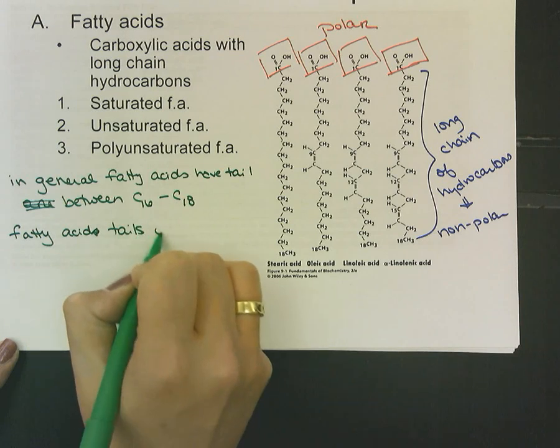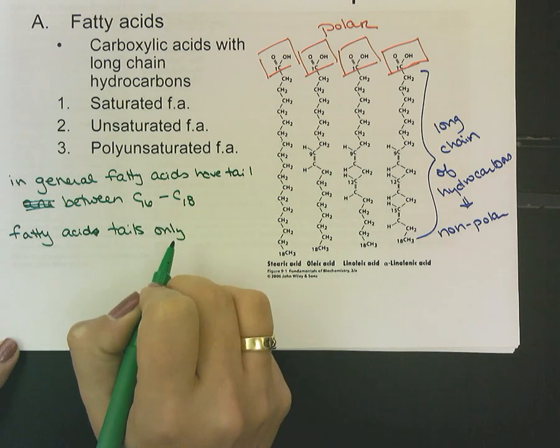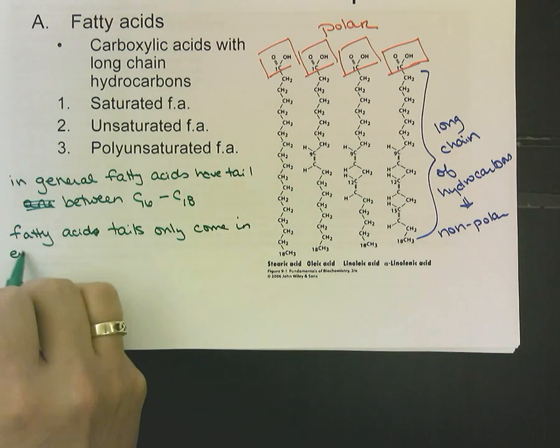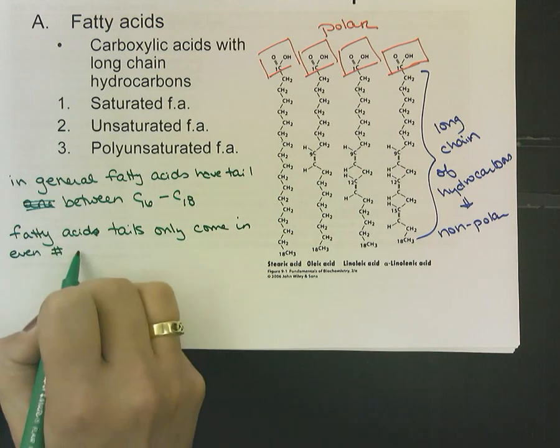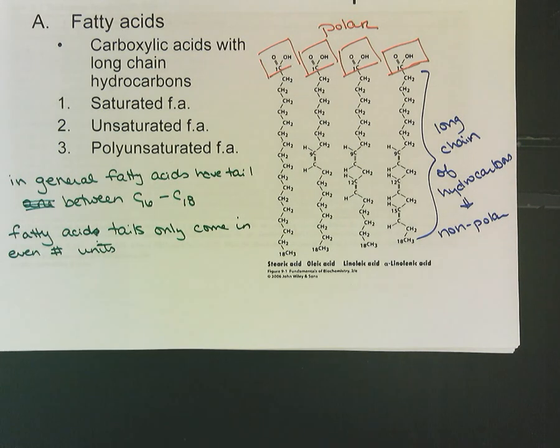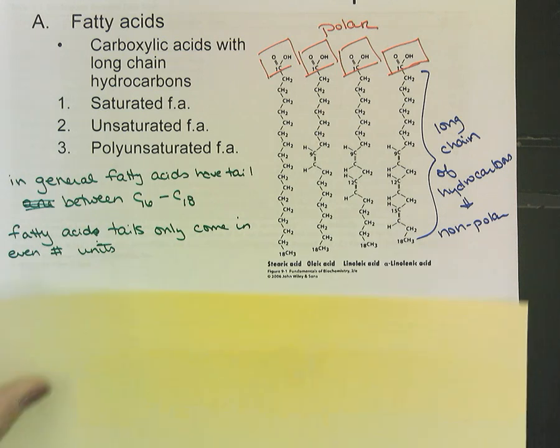Fatty acid tails only come in even number units, because of the way they're synthesized, which if you're taking Biochem 2, we spent a whole unit talking about fatty acid synthesis, but if you're not, just a fun fact. All right, since my picture's real big, I'm going to write on another sheet of paper here.